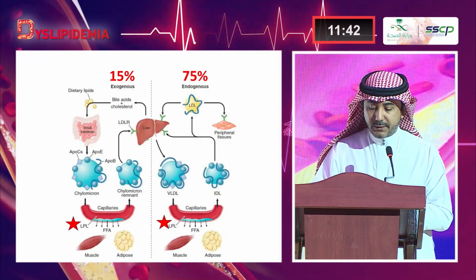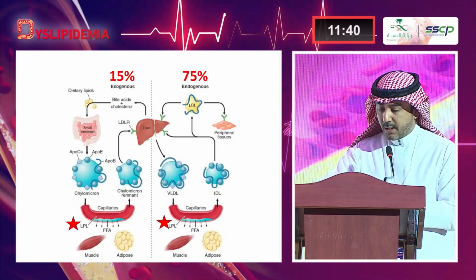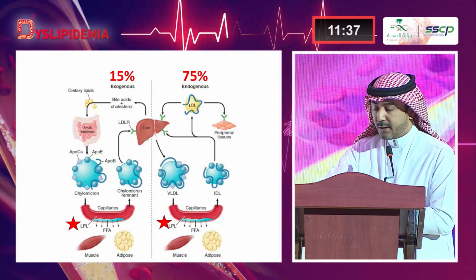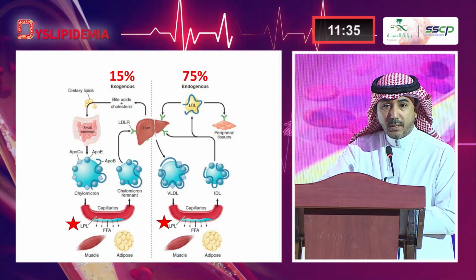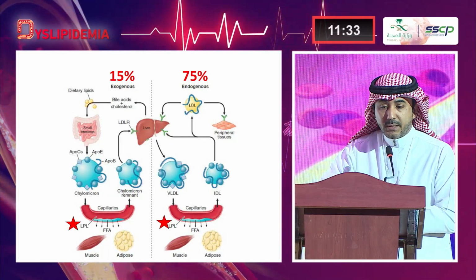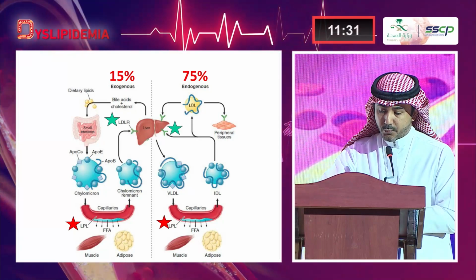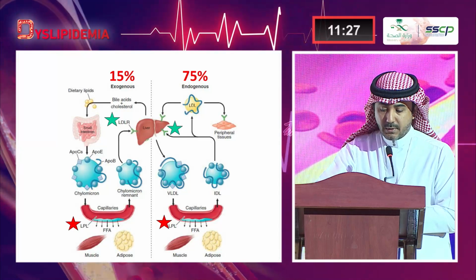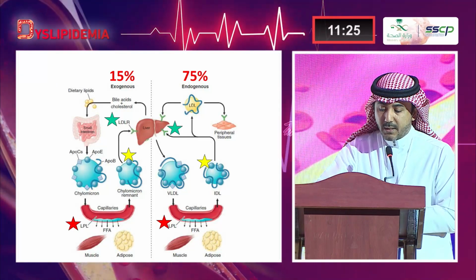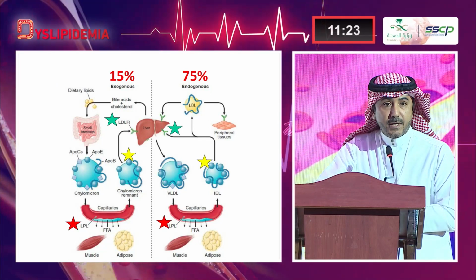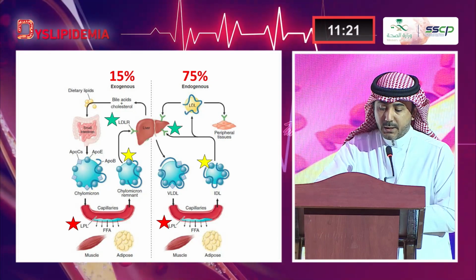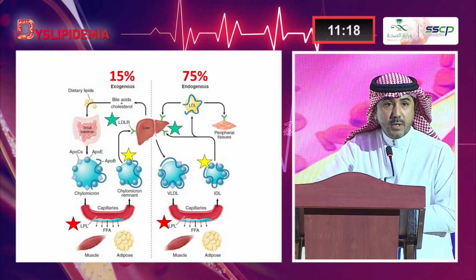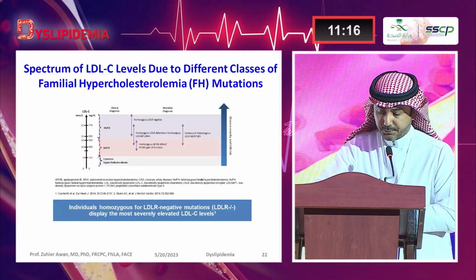The hypertriglyceridemia is usually either a mutation in the lipoprotein lipase or in its coenzyme ApoC2. The LDL receptor mutation causes familial hypercholesterolemia. And if you have a variant in ApoE2, you have something called dysbetalipoproteinemia.